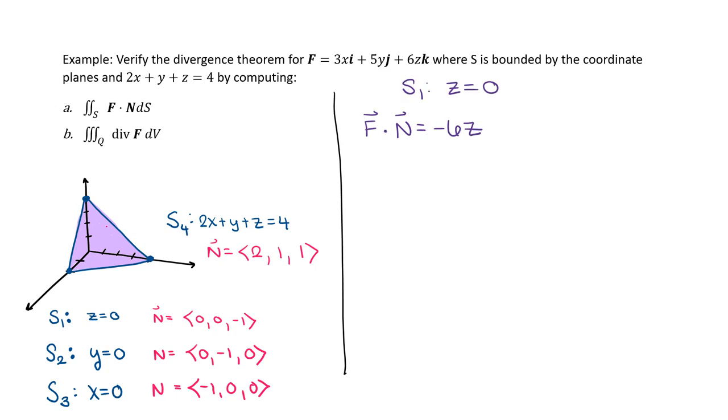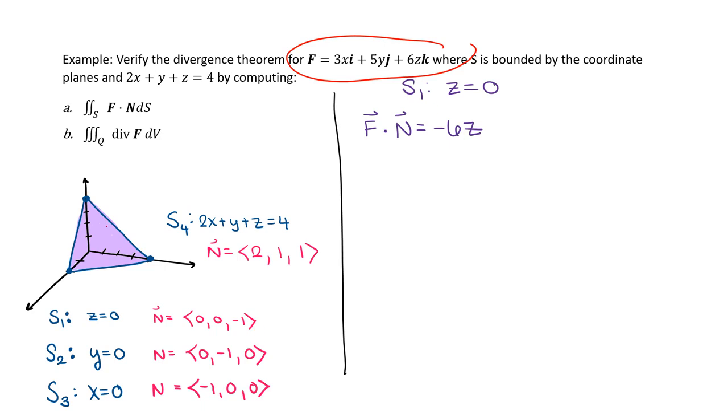We'll start with surface 1, which is the plane z equals 0. So if I take my vector field dotted with my normal vector, f dot n, I end up getting, let's see, where is my vector field? It's up here. Let me circle it. So I get 0 times 3x plus 0 times 5y plus negative 1 times 6z.